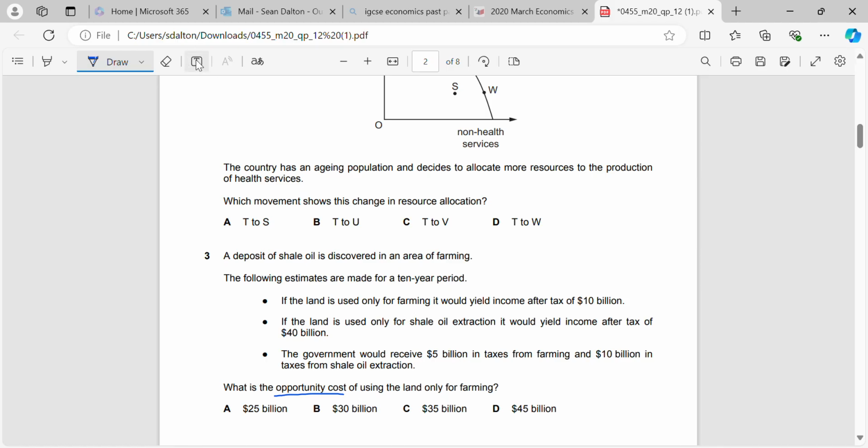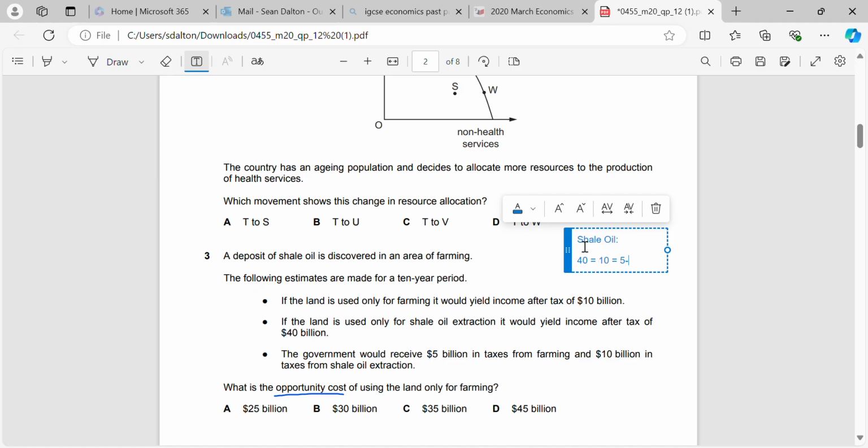So, in this case here, if the land is used for shale oil extraction, it would yield an income after tax of 40 billion, okay? So we'll just put it like this. We'll go shale oil, and that's 40 plus 10 billion.